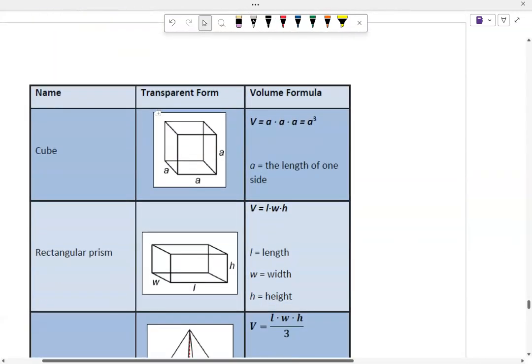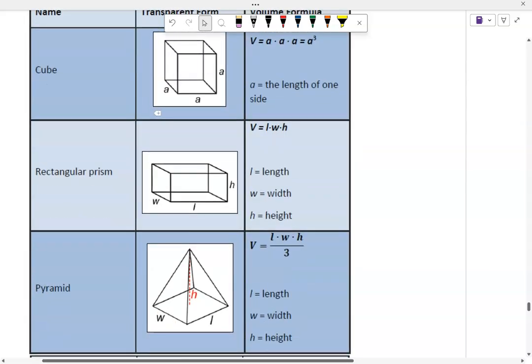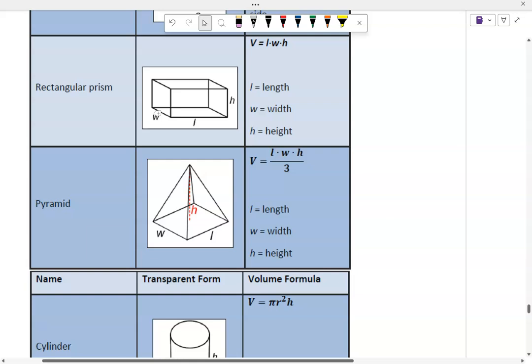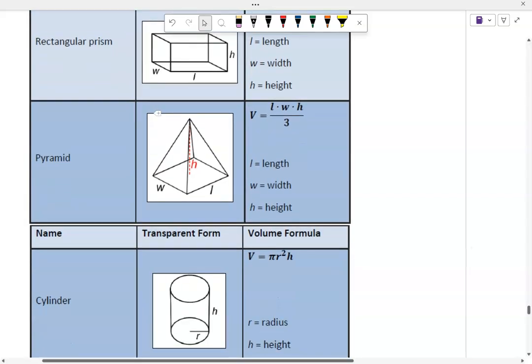And so here's some formulas. For a cube, length times width times height, right? And again, my units are always cubic units. There's my rectangular prism. There it is for a pyramid: it's a third, length times width times height. That's for a pyramid, where you get that rectangular base on the bottom.